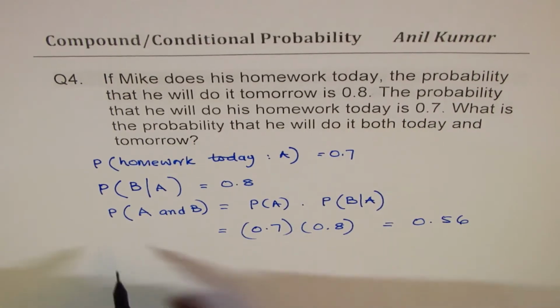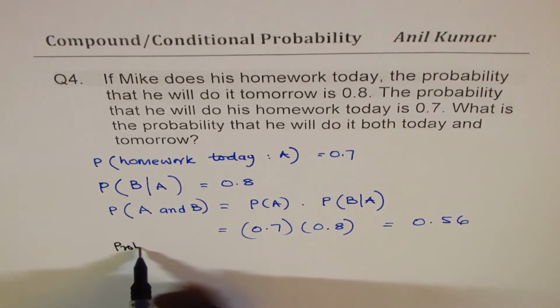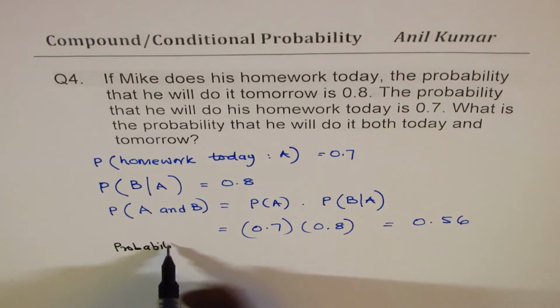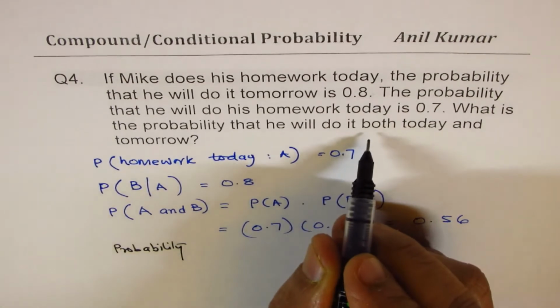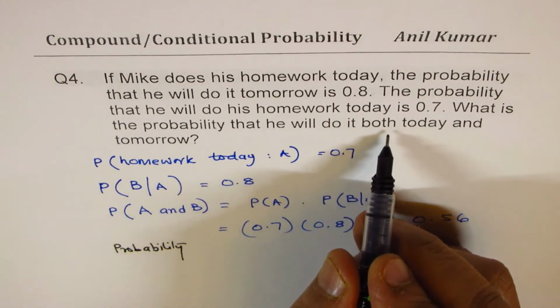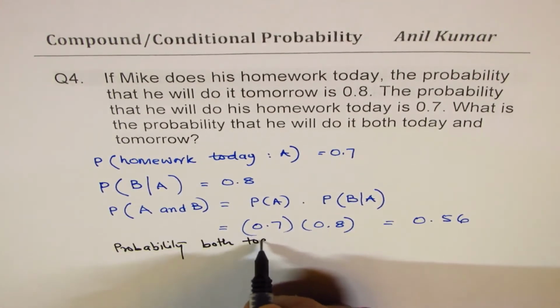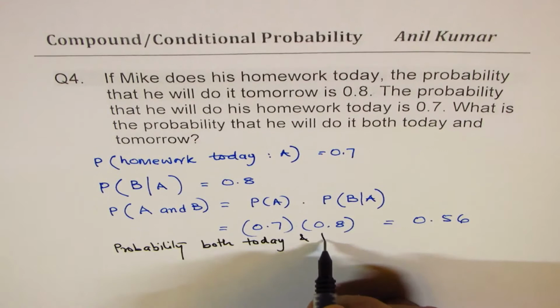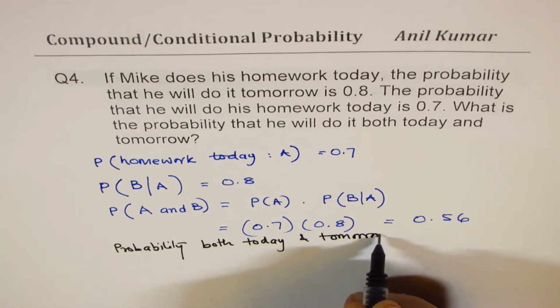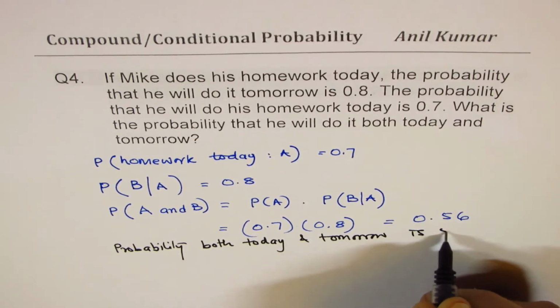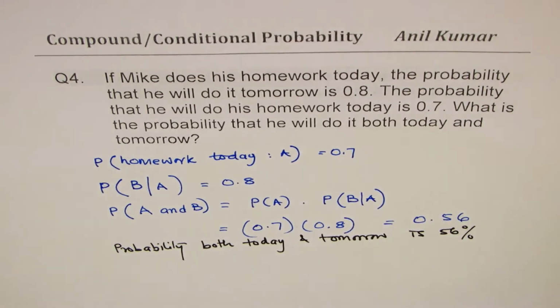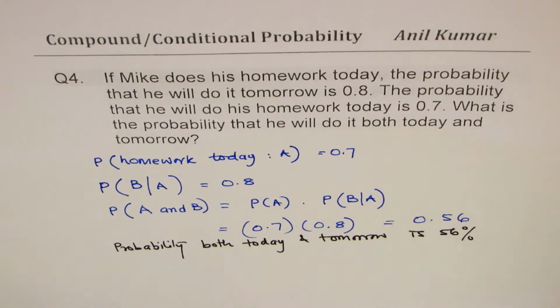So we can write that the probability that he will do both today and tomorrow is 56%, right? So let's move on.